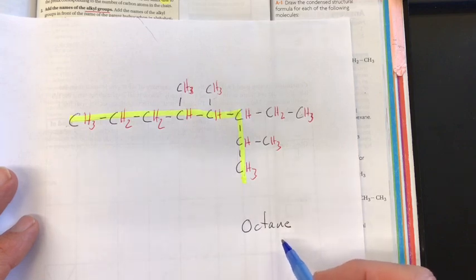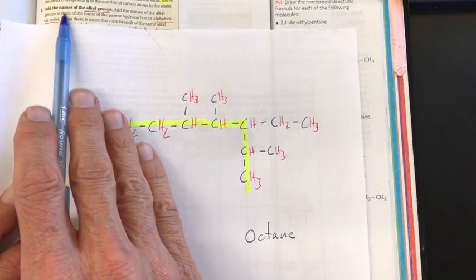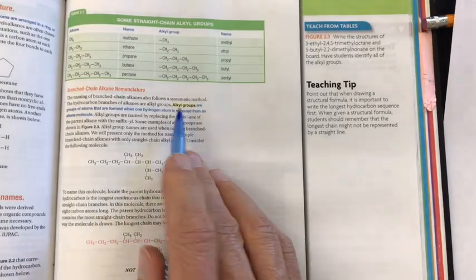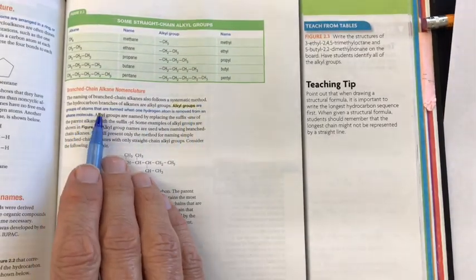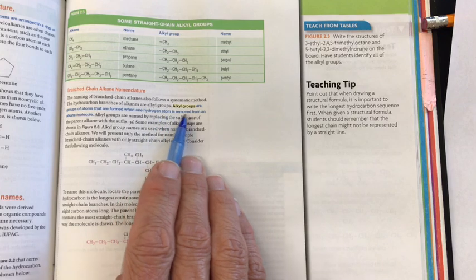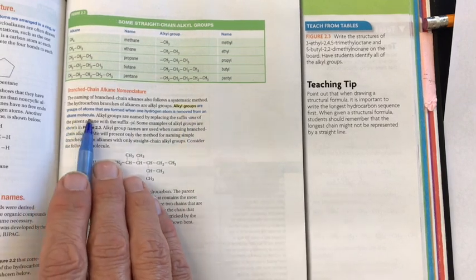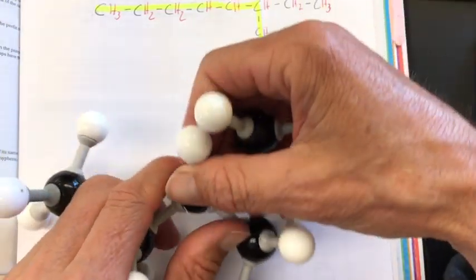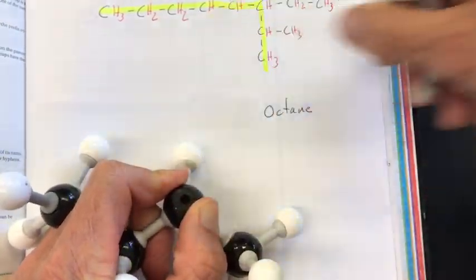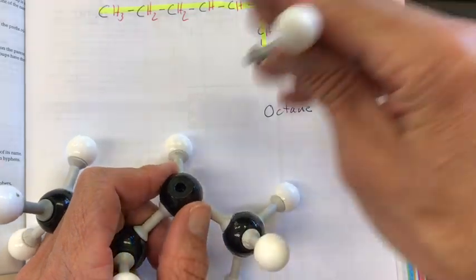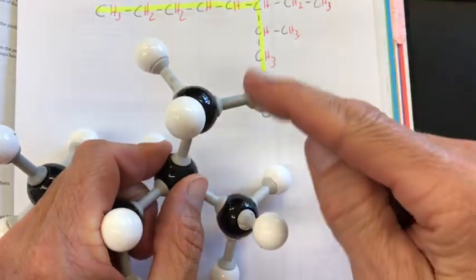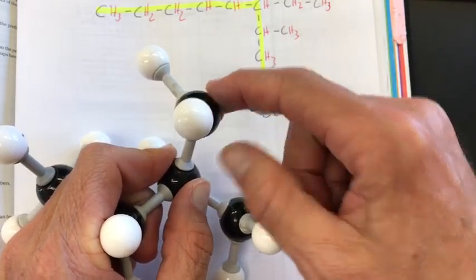So our next goal is to name the alkyl groups. Now, we haven't mentioned yet what an alkyl group is. We've touched on it, but here's the vocab word. An alkyl group is a group of atoms that is formed when one hydrogen is removed from an alkane molecule. So if we have a molecule that we've taken one hydrogen away and replaced that hydrogen with 1 carbon, 2 carbons, whatever, that is an alkyl group.